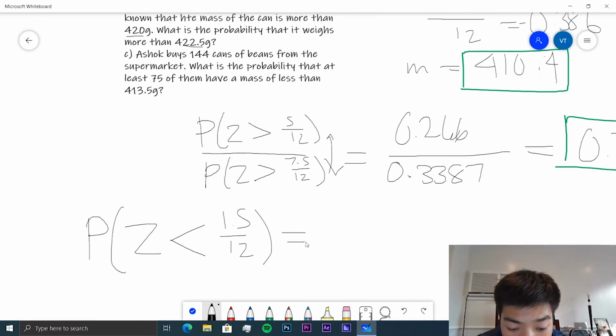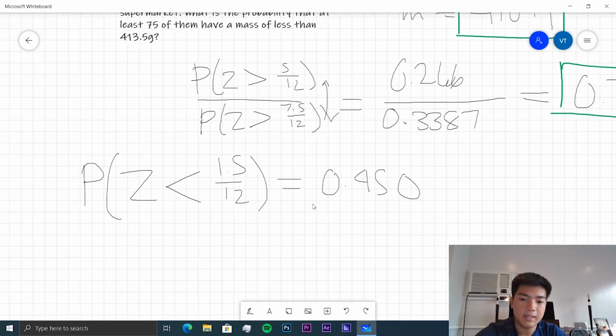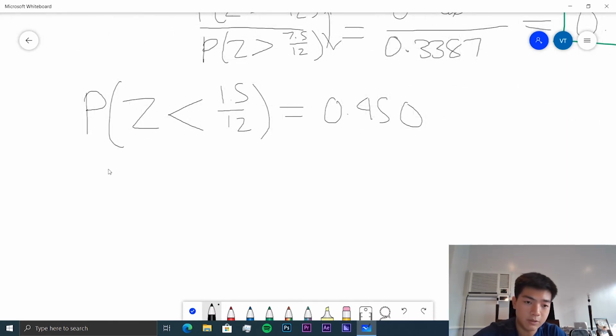So 0.125 gives 0.5478 plus 0.002, 1 minus that. So the probability of this is around 0.450. And so now we have a binomial distribution here.